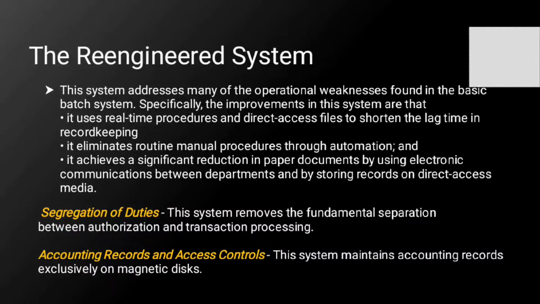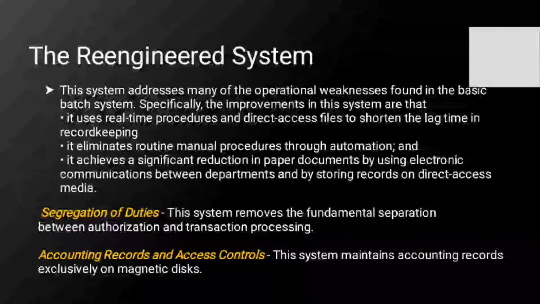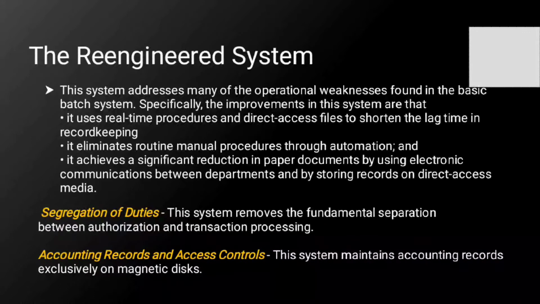Routine manual procedures are also eliminated because of the automated system. As mentioned earlier, the use of paper documents is also reduced because they will only use electronic communication between departments and store records on direct access media.